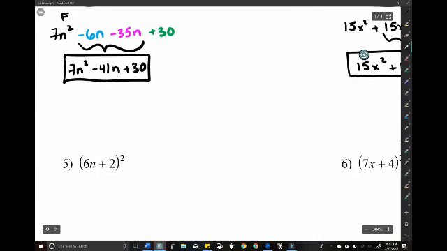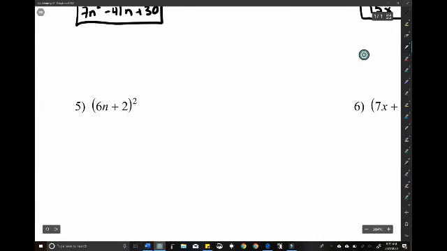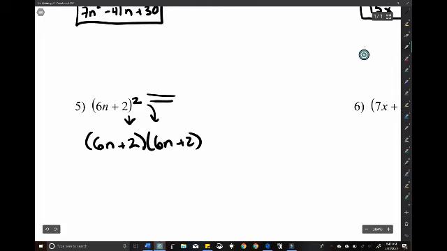Only a few more examples here. Other key things to remember. 6n plus 2 squared. Remember, this means to do 6n plus 2 and 6n plus 2. Write it twice. Do not just distribute the 2. I don't want to see, oh, it's just 6n plus 2 and you distribute.